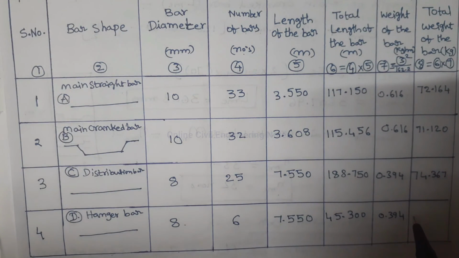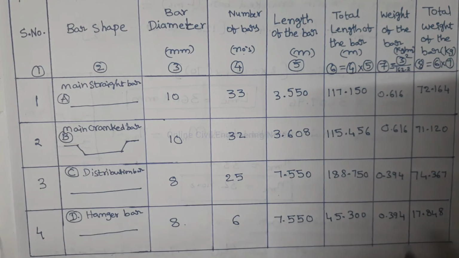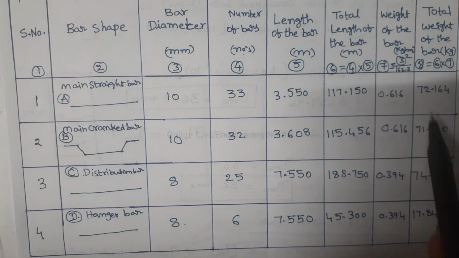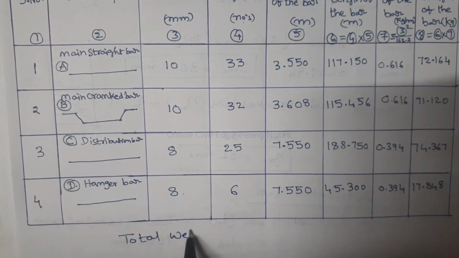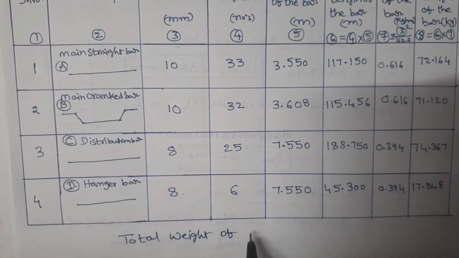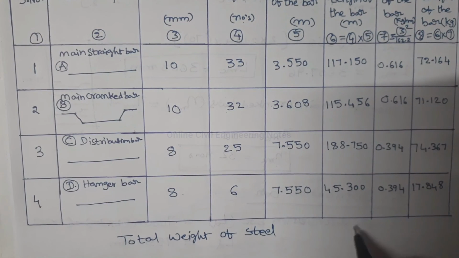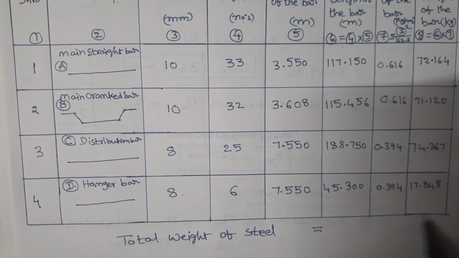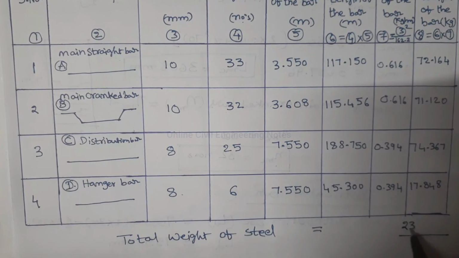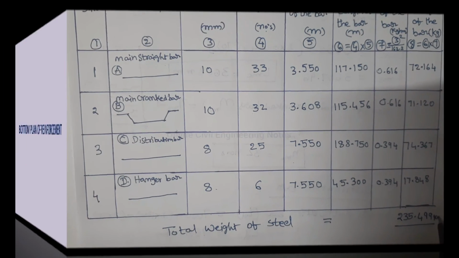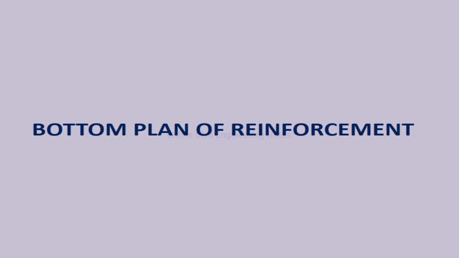Total weight is equal to 17.848 kgs. Now calculate the total weight of the steel by adding these values. Total weight of steel is equal to 235.499 kgs.